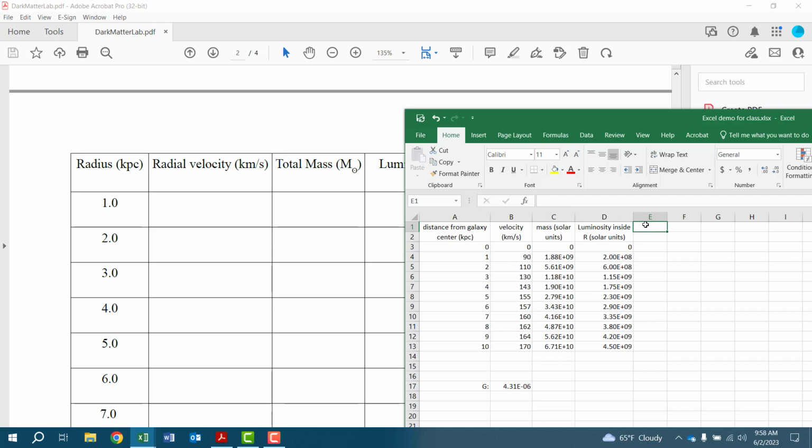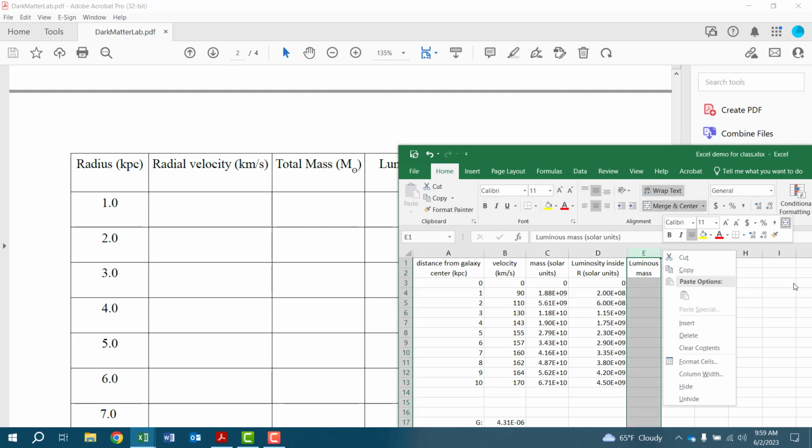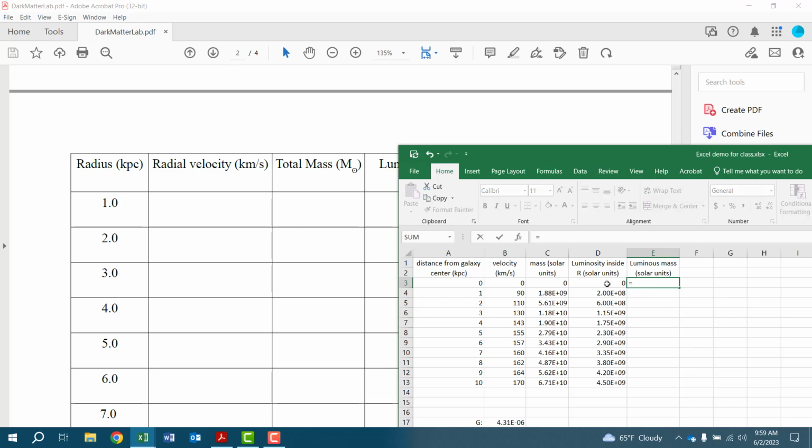So let me make a new column, Origin Center, and they're calling it just luminous mass. Luminous mass, and I'll put, this is in solar units. And to do that calculation, it's very simple in Excel. You could take a hand calculator and just double all these numbers, but I'm going to say this number equals the number in the previous column times 2.